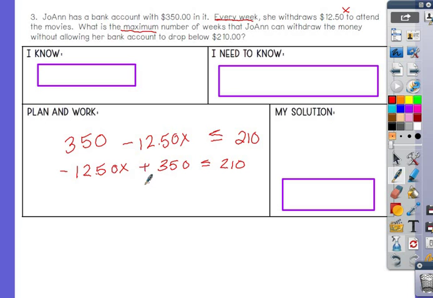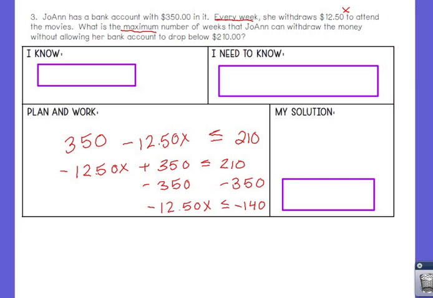So to solve this, I would have to subtract 350. I get negative 12.50x greater than or equal to negative 140. Then what do I do?